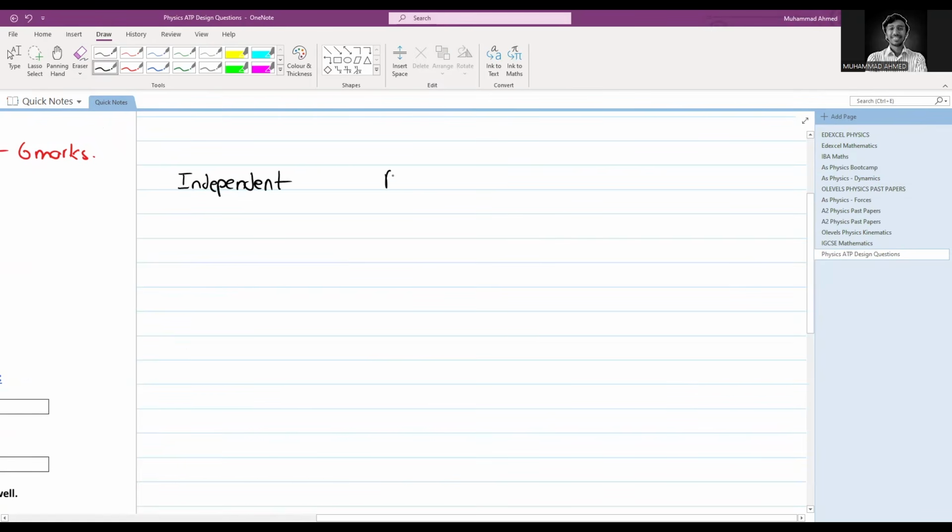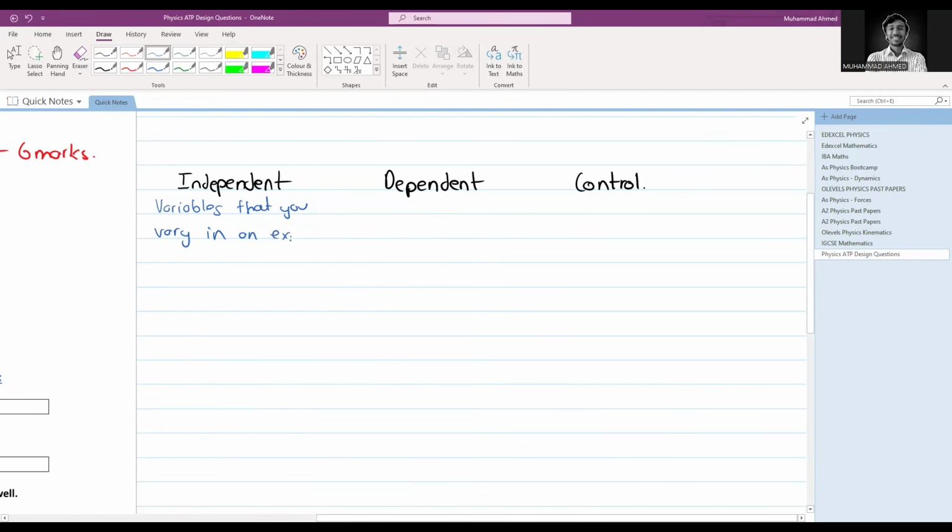dependent variables, and control variables. What are independent variables? Independent variables are the variables that you vary, that you or the person conducting the experiment varies in an experiment.